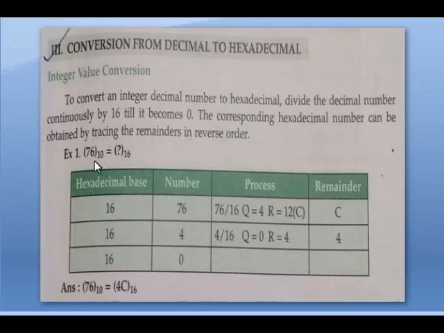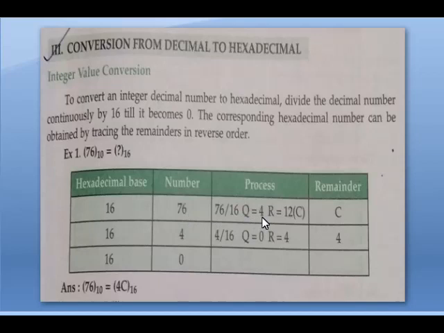For example, 76 to the base 10. This is a decimal number, and we are going to convert it into a hexadecimal number. The base of hexadecimal number is 16, so we divide the number 76 by 16.